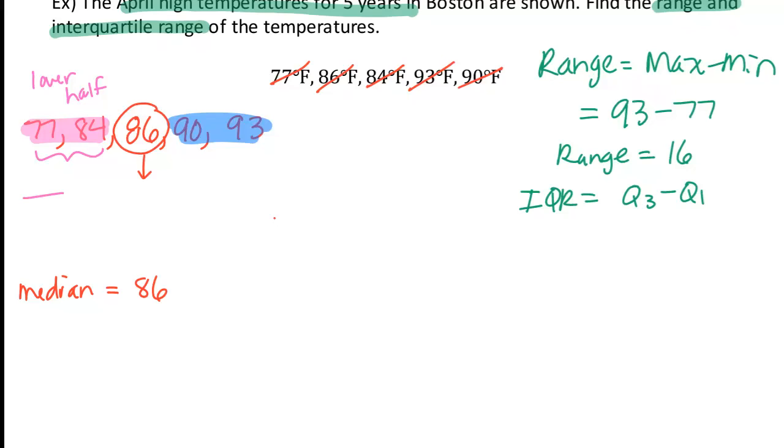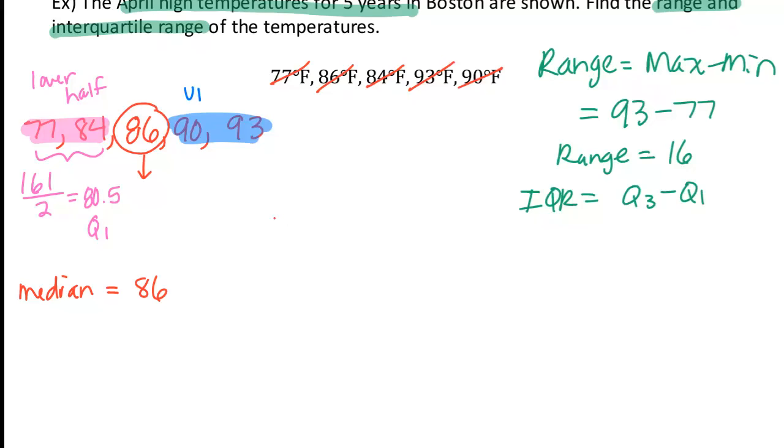It's 161. Divide by 2? What is that? 80.5. Thank you. So that's going to be our Q1, 80.5.